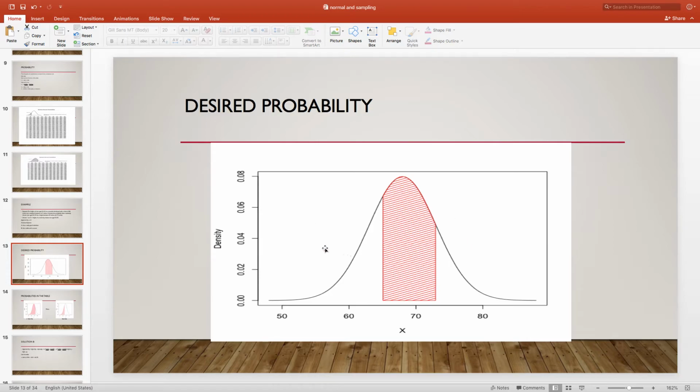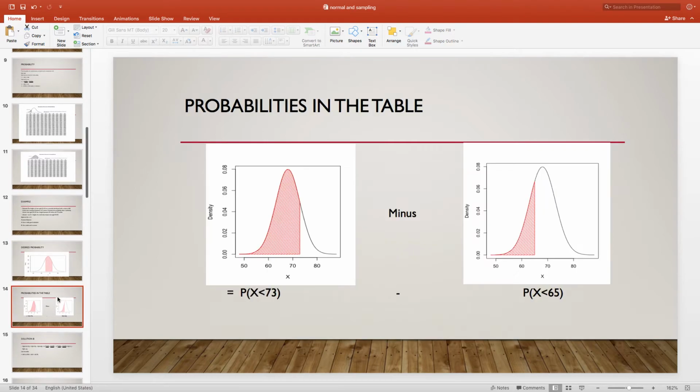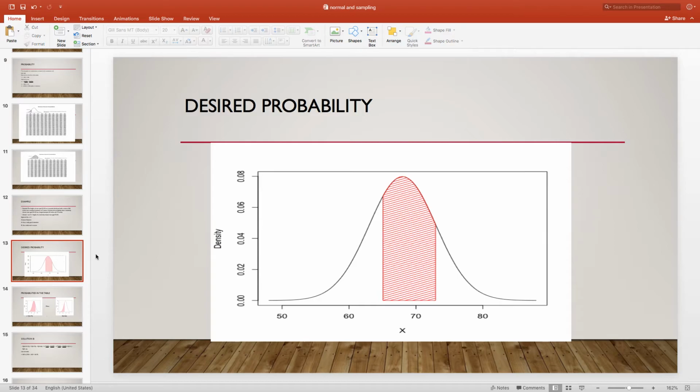It's only the less than probabilities. So here's a less than probability. This represents the probability x is less than 73. This represents the probability x is less than 65. That's here. And if I subtract the two, I get exactly the area in between. And that's the desired probability.